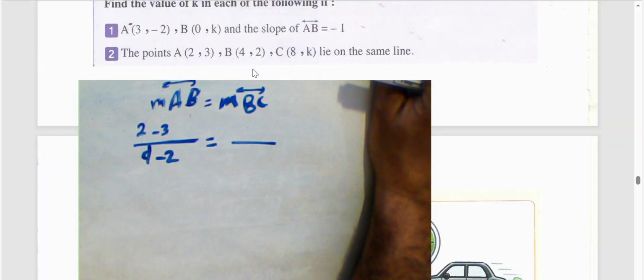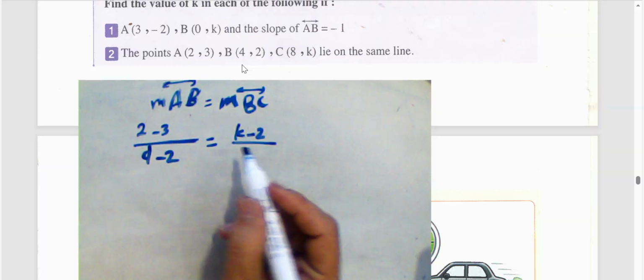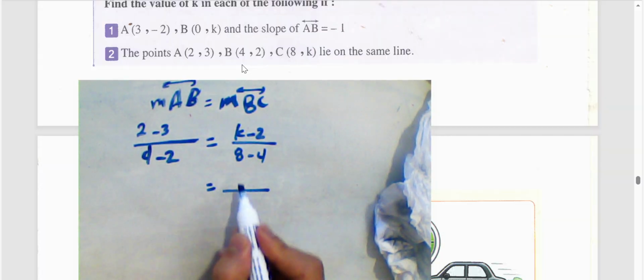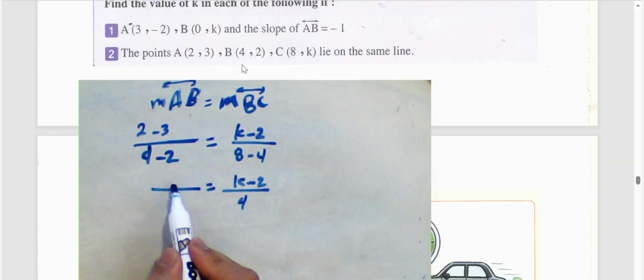B and C, write k minus 2 over 8 minus 4. Write k minus 2 over 4 equals 2 minus 3, negative 1 over 4 minus 2.